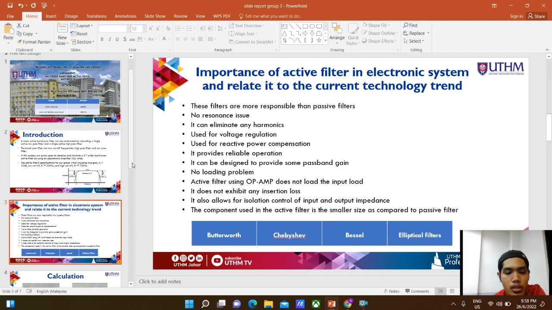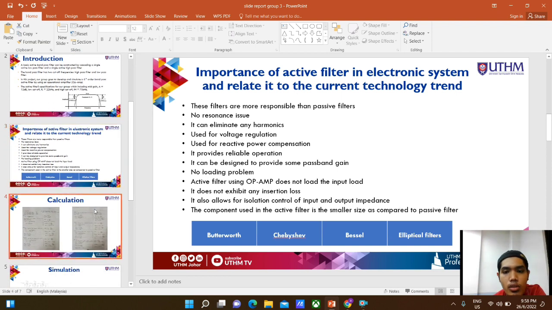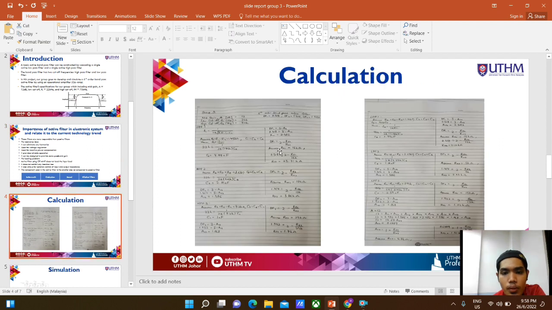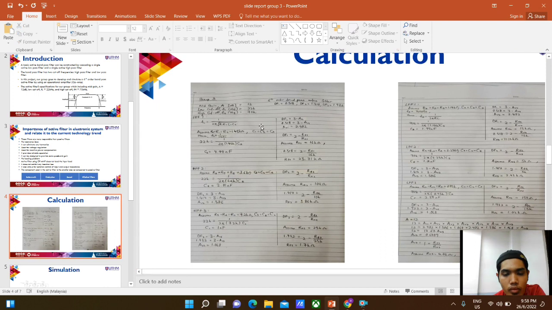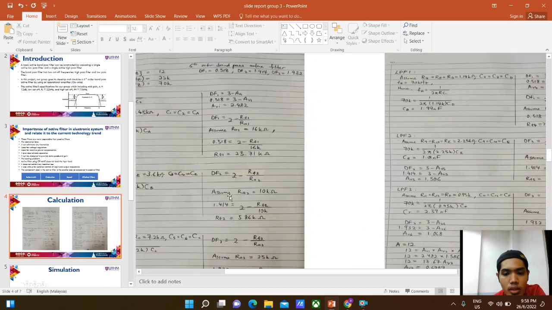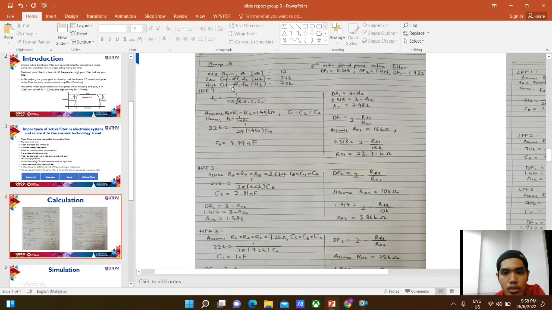So next, the manual calculation. You can see, I zoom in. We are given the active filter specification. From our calculation, we use a high pass filter and a low pass filter.